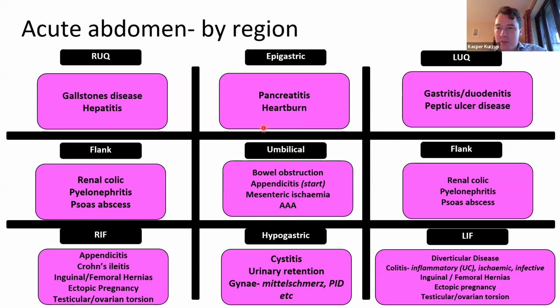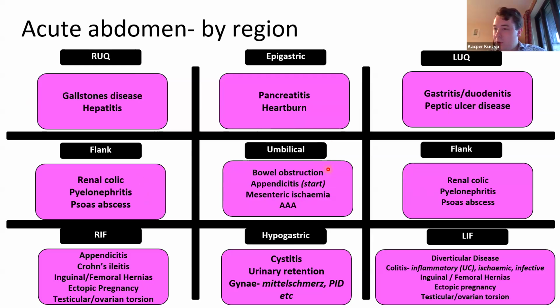If you think about the upper three quadrants, these are typically your upper GI stuff, which we covered last week. Now, the sides are kind of unlikely to be GI related. These are typically the kidney stuff, the renal colic and pyelonephritis, which we'll cover in your urology revision sessions.